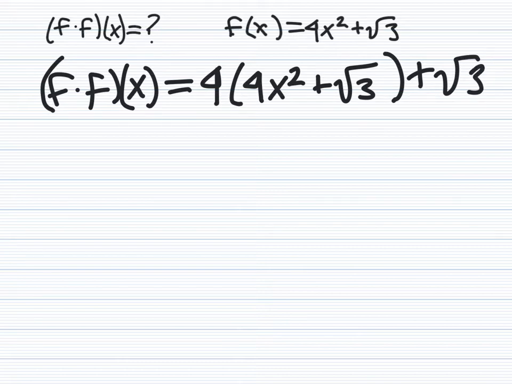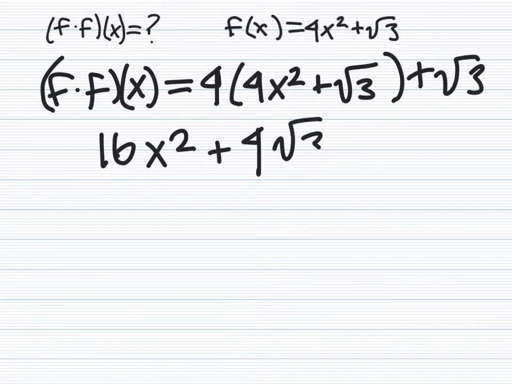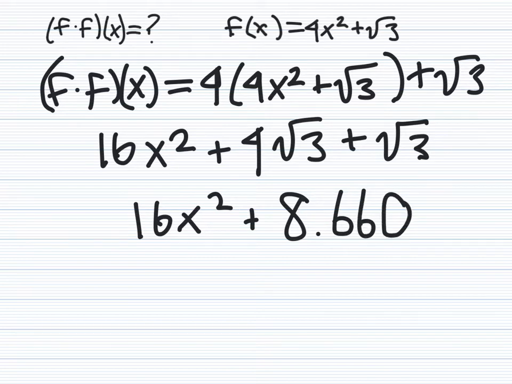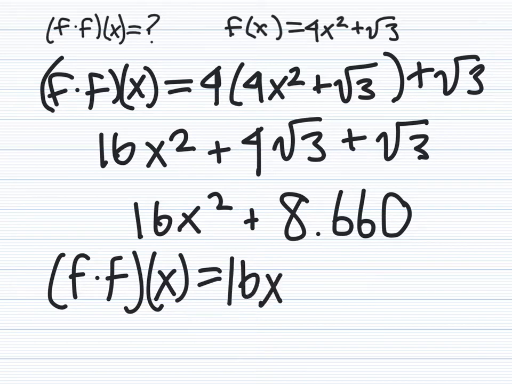So then it would come down to 16x squared plus 4 root 3 plus root 3, and then 16x squared plus, and here's where I got my calculator out and did the math, and I got 8.660, rounded to 3 decimal places. And so this would then be f of f of x equals 16x squared plus 8.660.